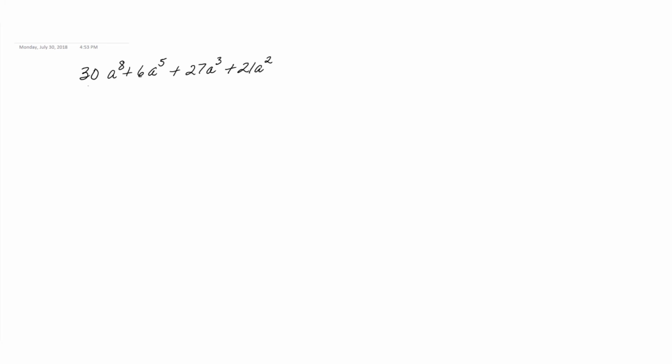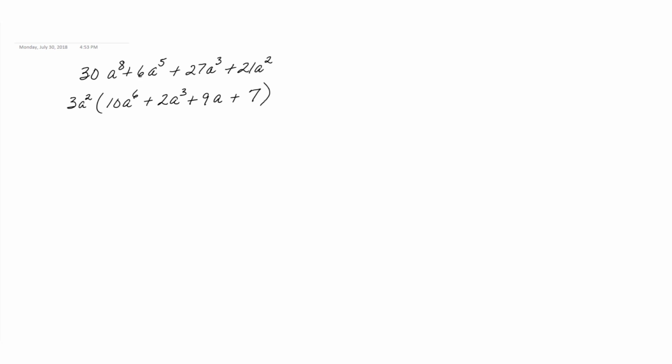Everything is divisible by 3. That's the greatest common numerical factor. What's our greatest variable factor? Every one of these has at least a pair of a's. So let's factor out 3a squared. What's left behind is going to be 10a to the 6th plus 2a cubed plus 9a plus 7.